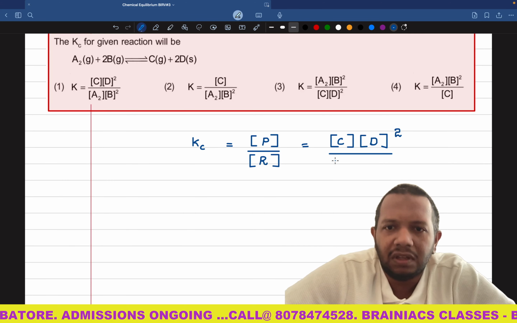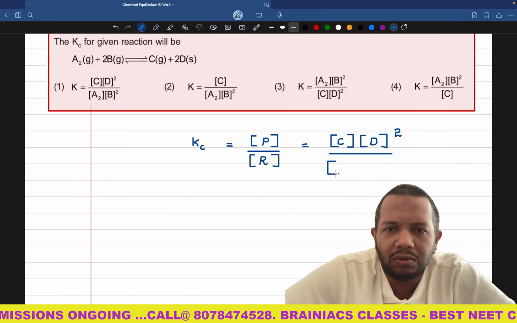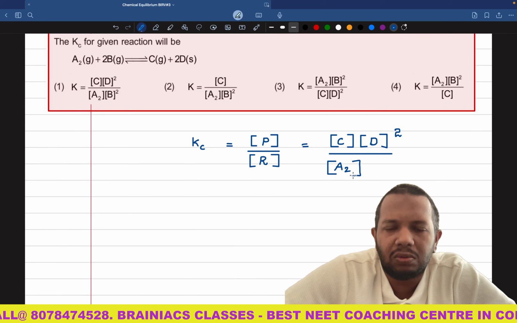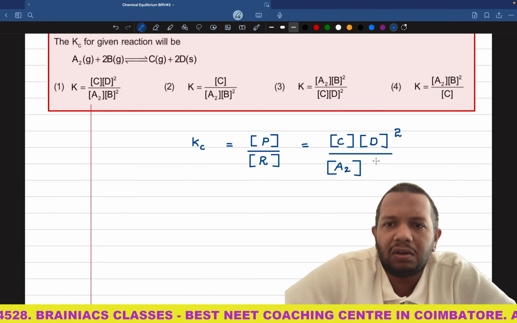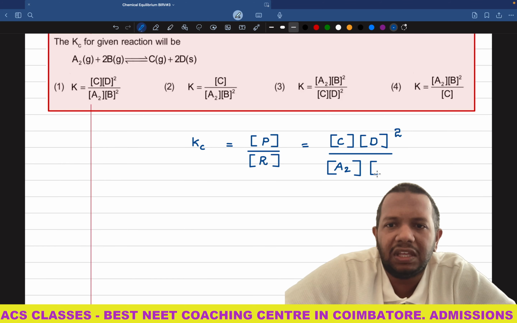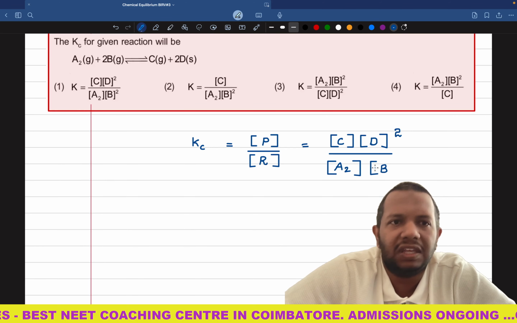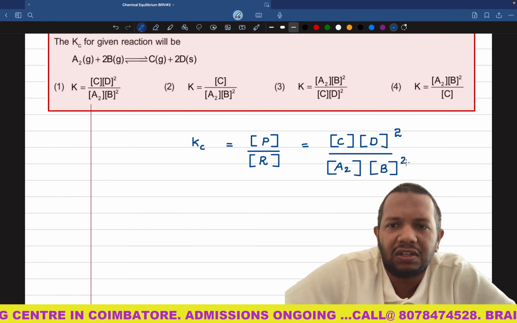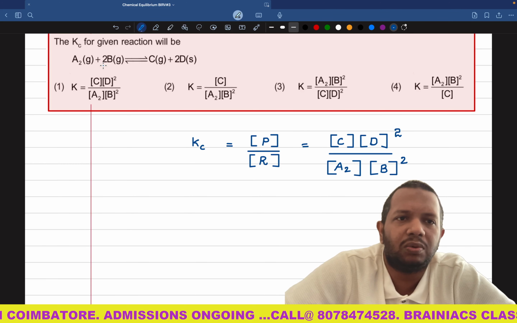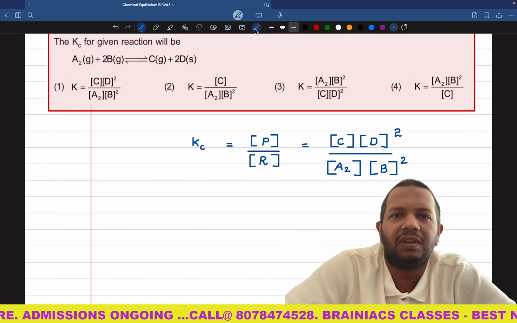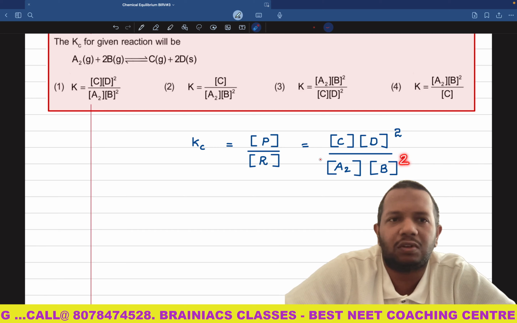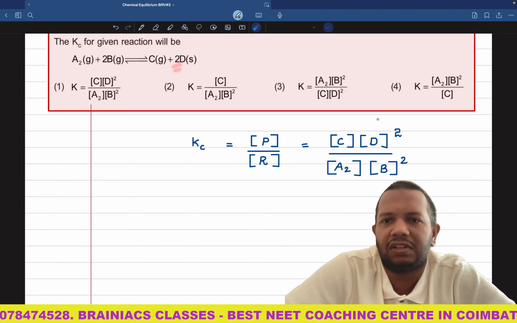Concentration of A2 into concentration of B, the whole square, because it has the coefficient 2. You can see here its coefficient is 2. So whenever a coefficient comes, it should be raised to that power. For D also it comes like this.